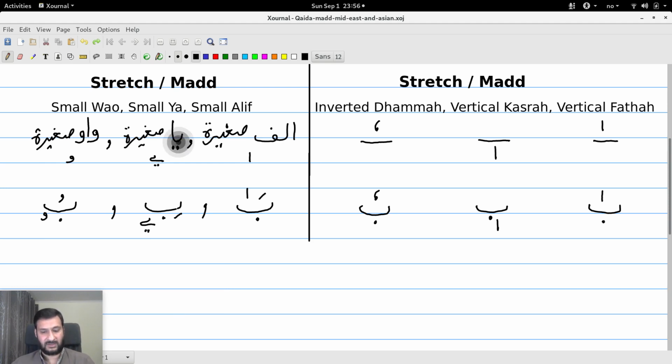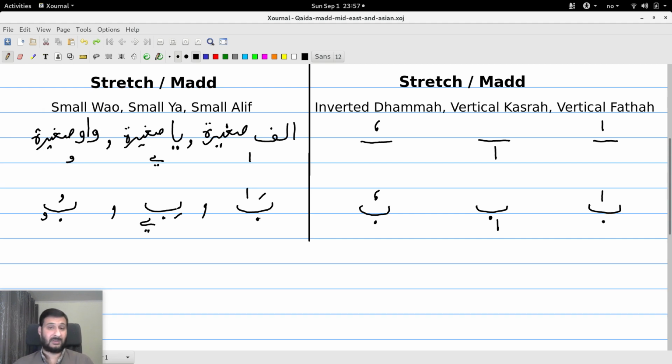Its name is written in Arabic as Ya Sagheera, or small Ya. Then is Wao Sagheera. This is Wao, you know that. It's a small Wao. Also, I wrote here small Wao in English. Wao Sagheera.